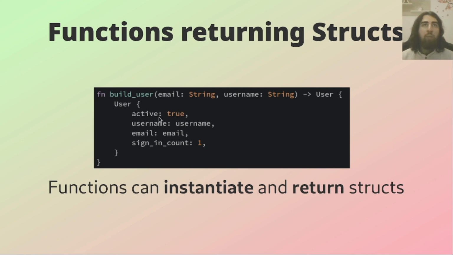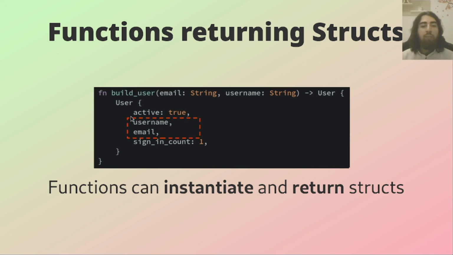Now in this case we are repeating ourselves, and we can avoid this by just using this shorthand syntax. So if the name of a field and the name of a variable or argument matches, then we can write it like that. And this just makes it less verbose.